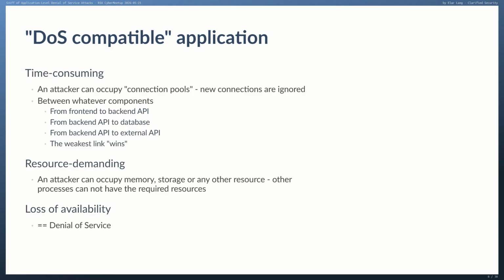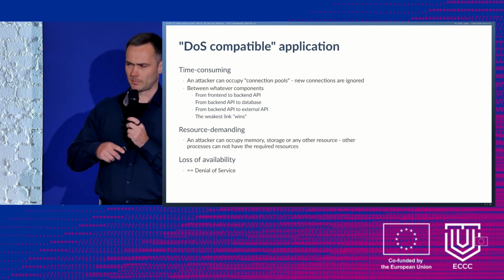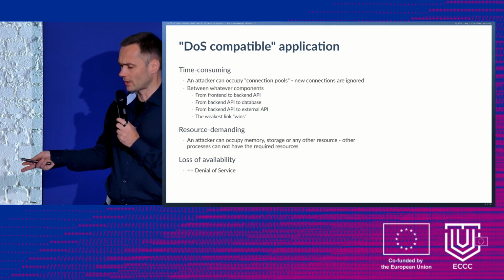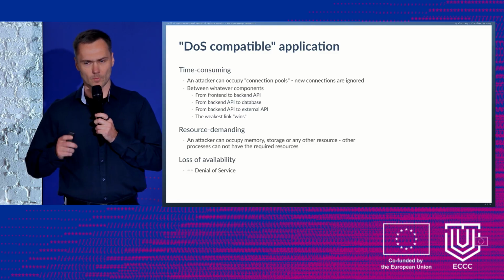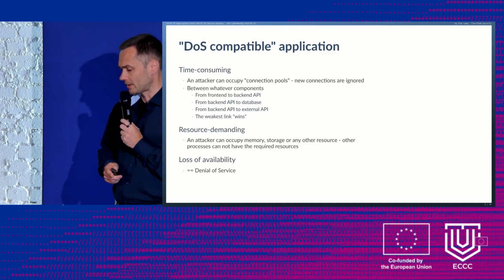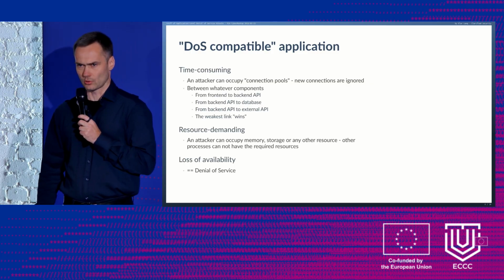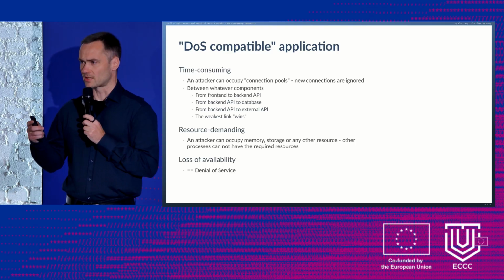And we need to watch each connection separately, like from the front end to the backend API, from backend API to database, from backend API to some external API, and so on. And from the attacker's point of view, weakest link wins. Resource demanding means that it requires a lot of some kind of resources to process some request from the user. For example, it requires a lot of memory or CPU to calculate something.